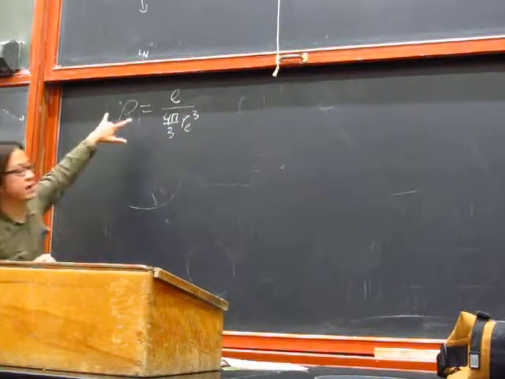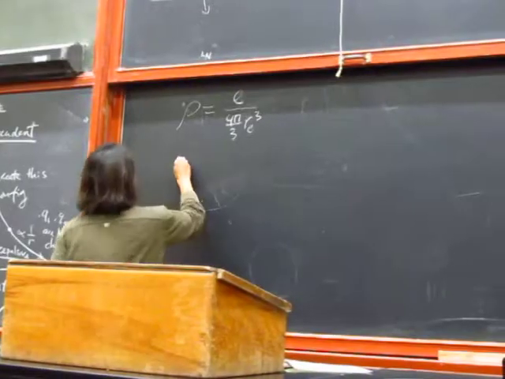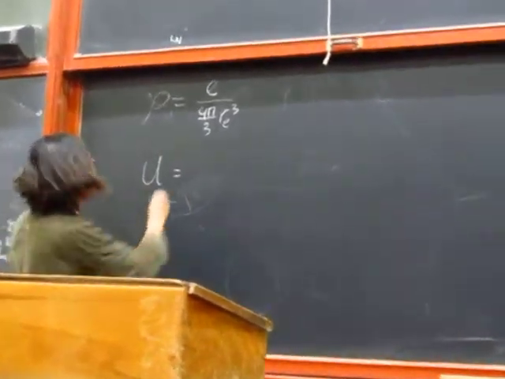So I substitute this density into this equation, and if you do it right, I would get 3/5.